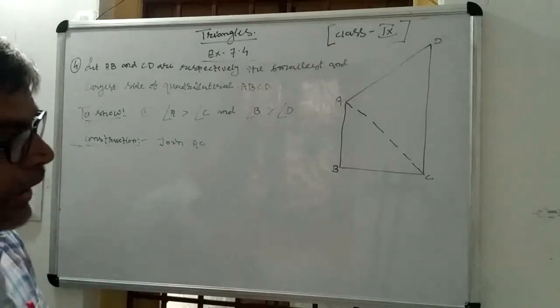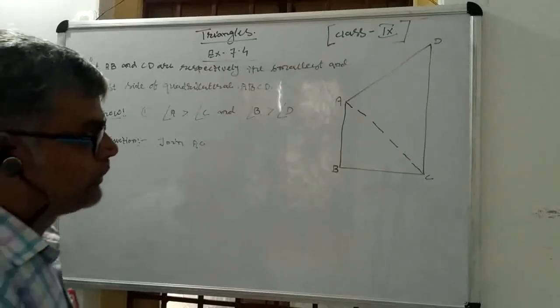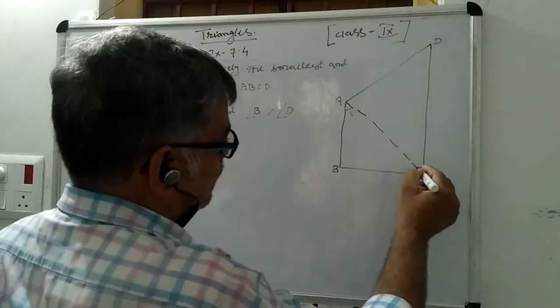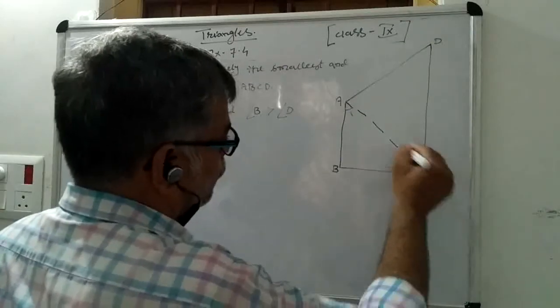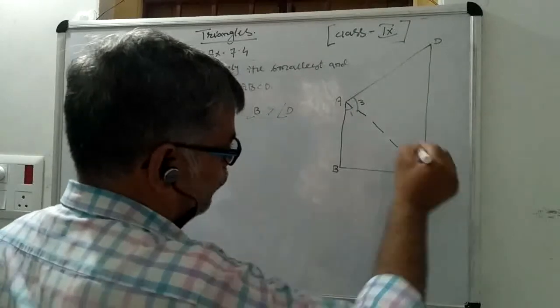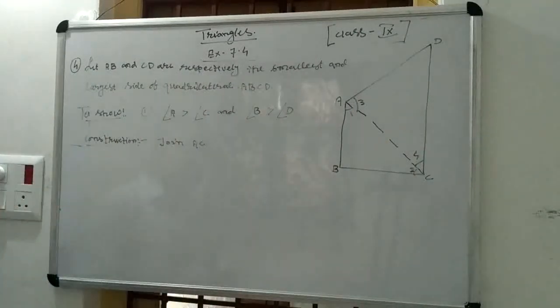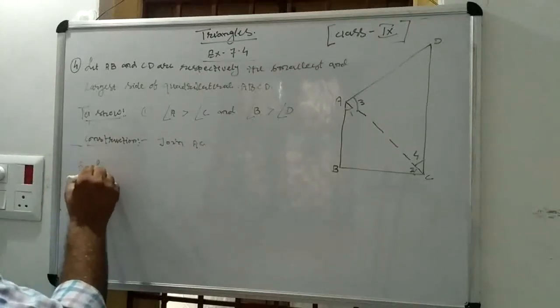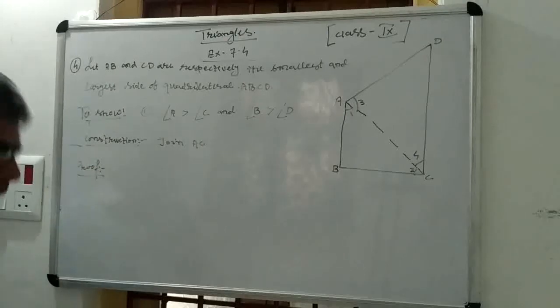And when you join AC, then suppose this is your angle 1, this is your angle 2, this is your angle 3 and this is your angle 4. We assumed it. Now let's see the proof. What is proof?